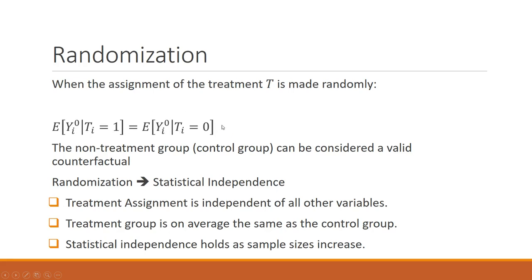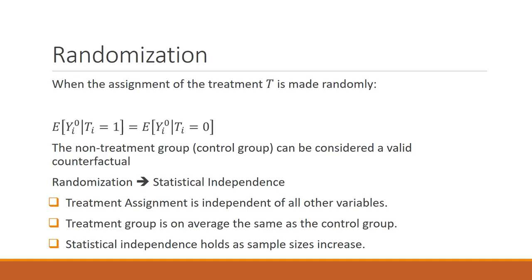If this is true, then we can consider the control group to be a valid counterfactual, and if we have a valid counterfactual, then we can say that we have the treatment effect, the true causal effect of the intervention, the true causal effect of the treatment. All right. Now, we can conclude this. We can say that this is true. We can say that the control group is a valid counterfactual if we have randomly assigned the treatment.